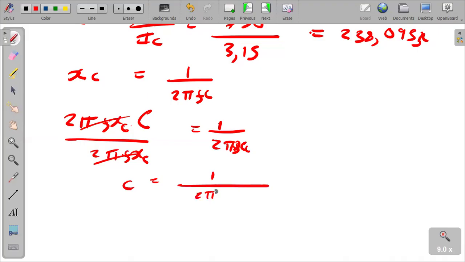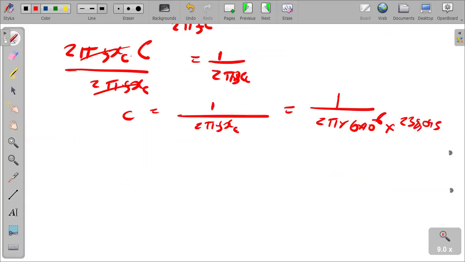And then substituting what we already have, 2 pi multiplied by the frequency, 6 times 10 to the power of 6, multiplied by XC, we have calculated 238.095, right? And that will give us, initially, 1.114 times 10 to the power of negative 10, right?